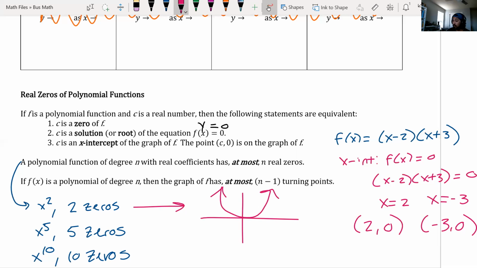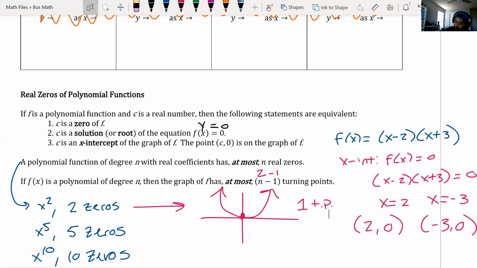Well, if it's x squared, this means that I'll have 2 minus 1 turning points. So this means I'll have 1 turning point. So for this graph, this point here is my turning point because the graph changes direction. So for x squared, you would have 1 turning point.